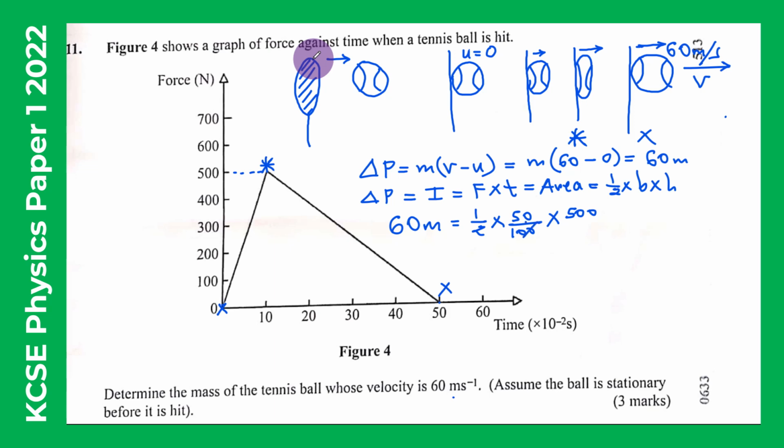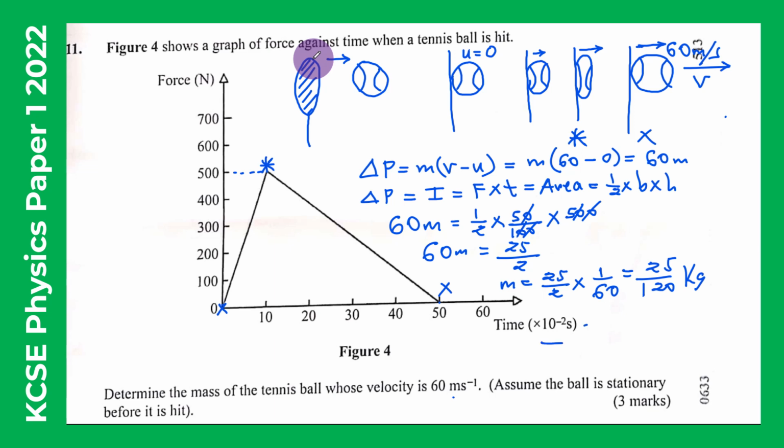So let's see what happens here. So this is going to be equal to 60m. It's going to be equal to 25 divided by 2. This m is equal to 25 divided by 2 divided by 60. We divide both sides by 60. So that is 25 divided by 120 kilograms.